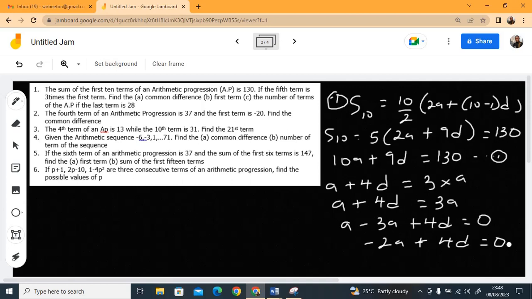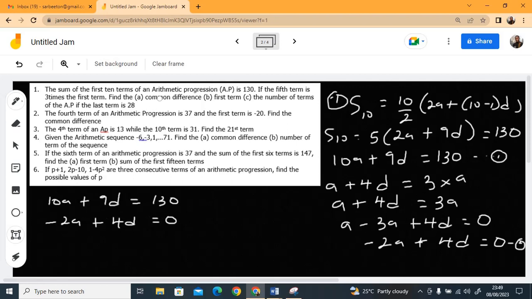This is equation 2. Let me write these equations on the board. The first equation is 10a plus 9d equals 130, and the second equation is minus 2a plus 4d equals 0.